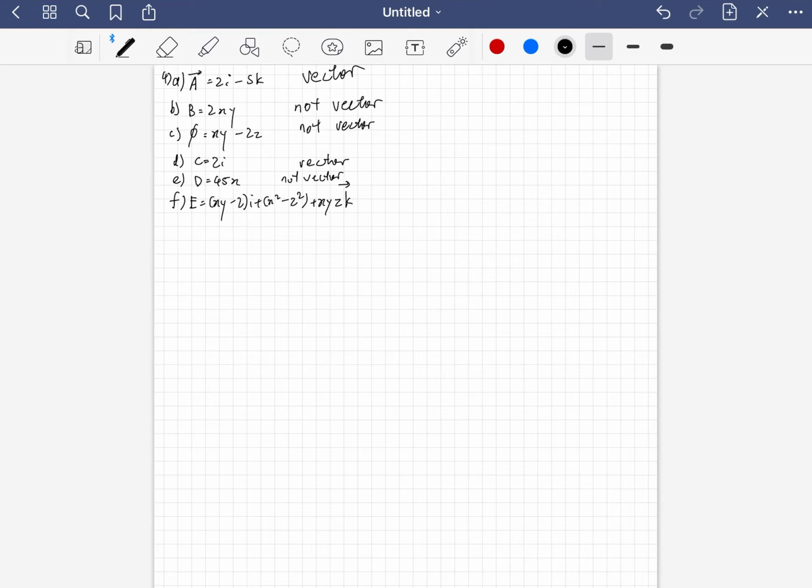And lastly, equation F is a vector. This is because they have i and k. These i and k are the unknowns for the vector.